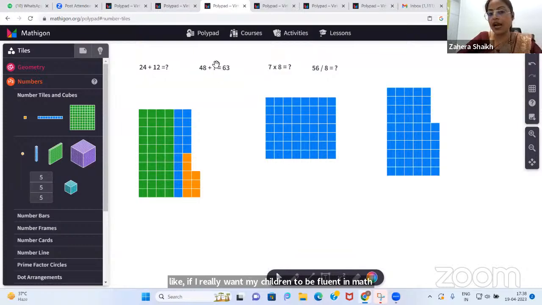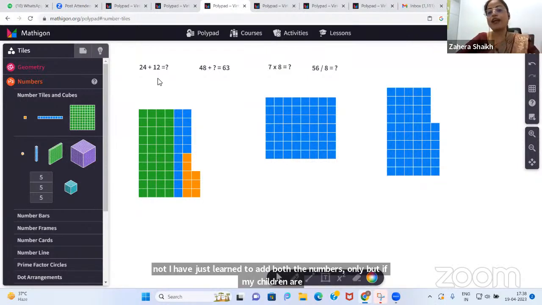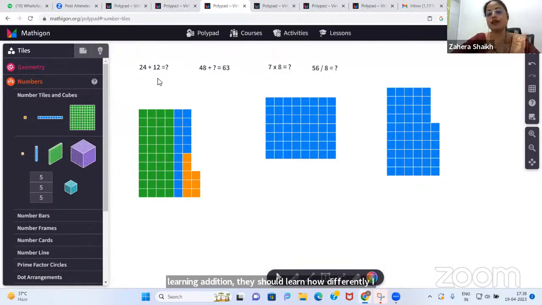They should be able to identify the change in that addition sentence, and not say that I haven't learned it yet, how would I know? I have just learned to add both the numbers only. But if my children are learning addition, they should learn how differently I can add, or how I can find the components, like the addend of a sum, or how I can find the change in a sum. That is also an important part, right? Okay.